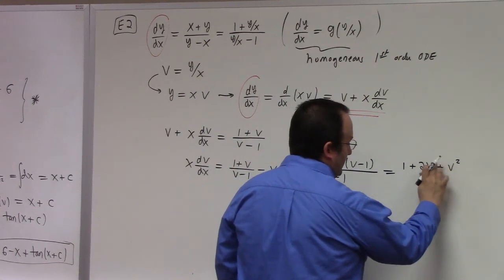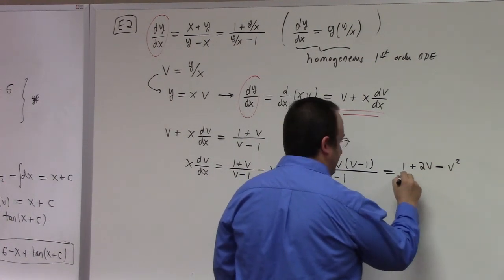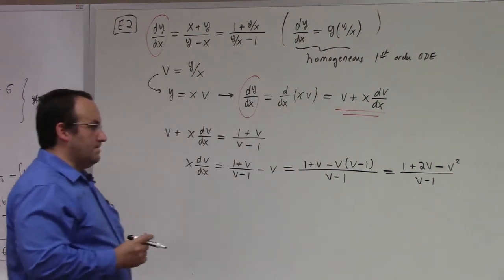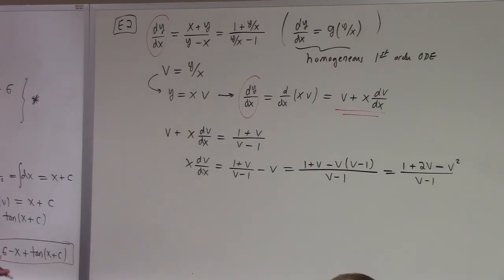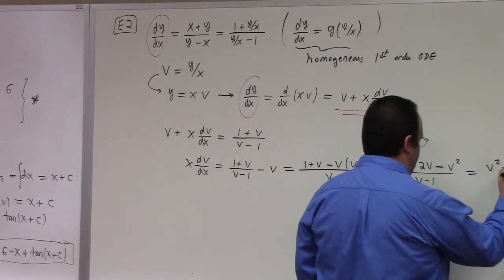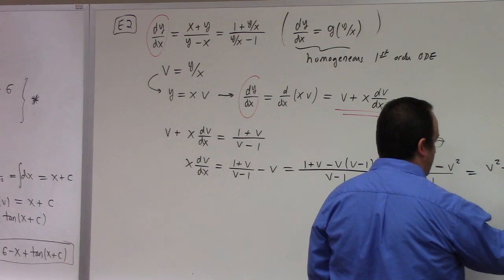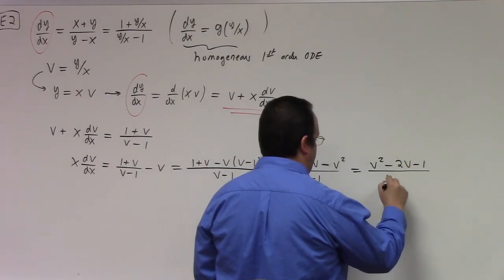I'm sorry, plus v squared? No. Minus v squared, right? All divided by v minus 1. It's convenient to rewrite this fraction, for me at least, as the following. This is (v squared minus 2v minus 1) divided by (1 minus v).